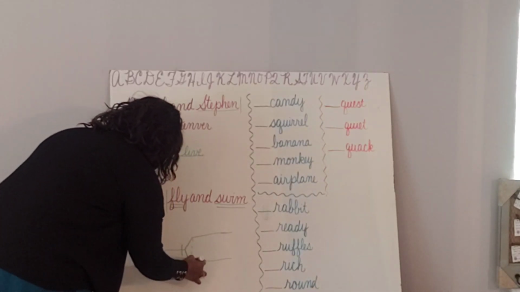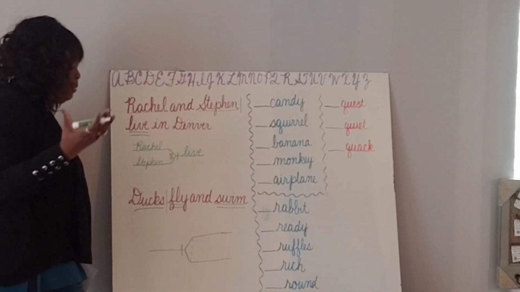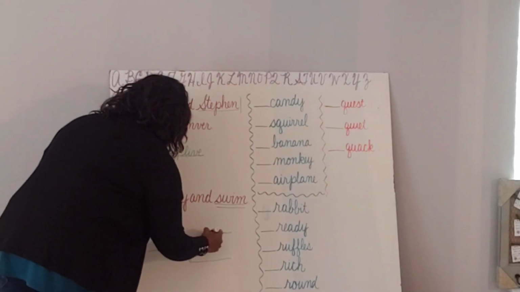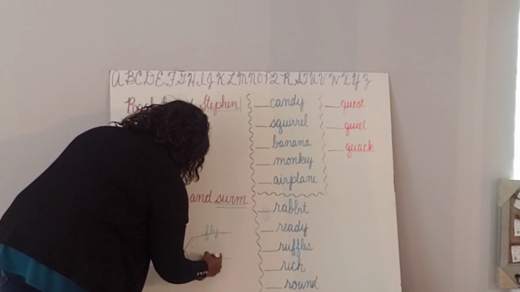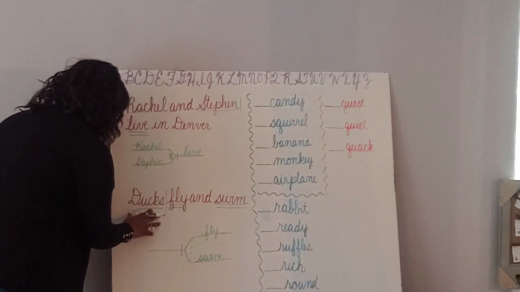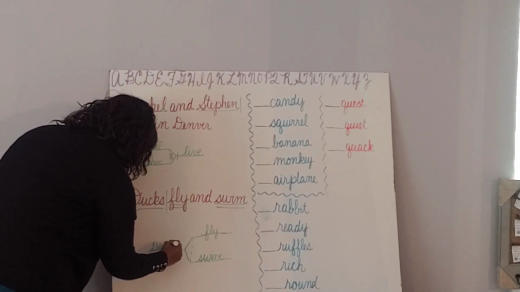But anyway, we have our rocket ship on the other side for our verbs, and we always do our verbs first. So our verb is fly, and then swim. And then we put our subject, ducks, on the other side.